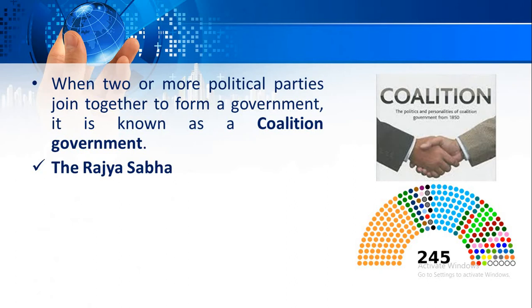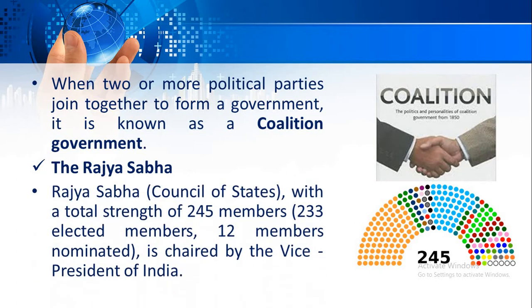Another house of parliament is Rajya Sabha. It is also known as Council of States or Upper House. Its total strength is 245 members. In that, 233 are elected members and 12 members are nominated.